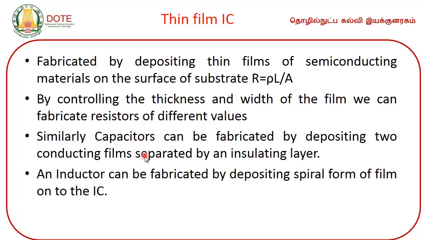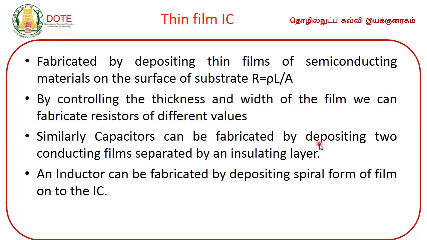Similarly, capacitors. What is capacitor? Two conductor in between insulator, right. So, two conducting material and between the two you should have insulation material, that is capacitor. So, on the substrate deposit a conducting film above which insulation material and then again another conducting film. So, you get capacitor.